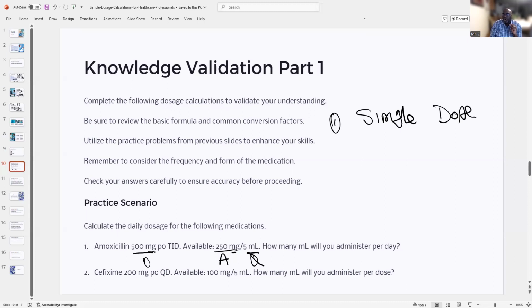Do your calculation as you're going to do. Step number 2, you're going to get your single dose, multiply that by frequency. Do not assume anytime you see BID, TID, QID, you have to multiply your answer by that.